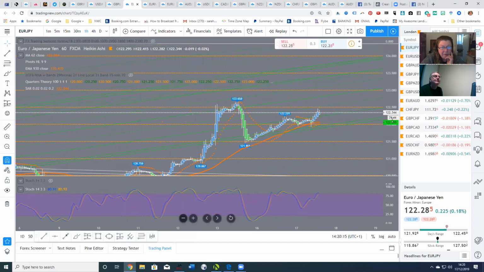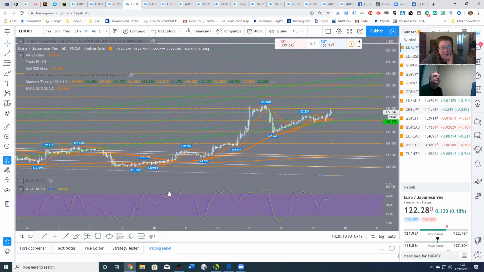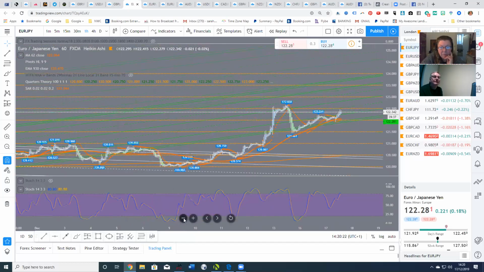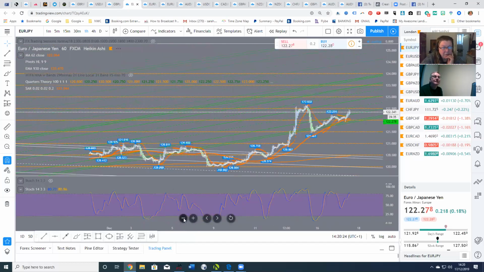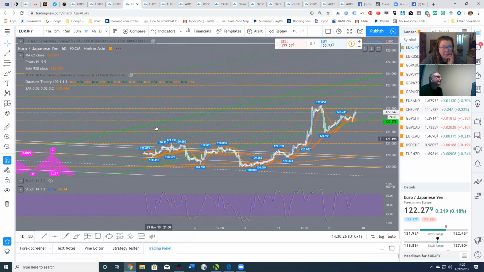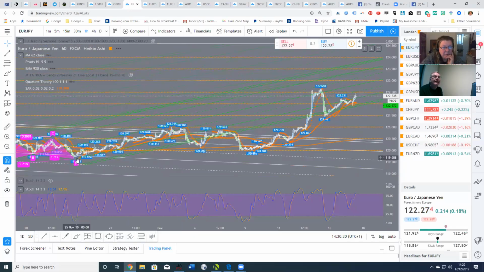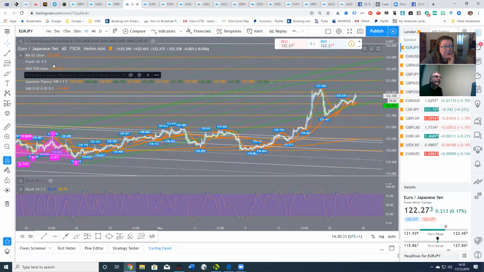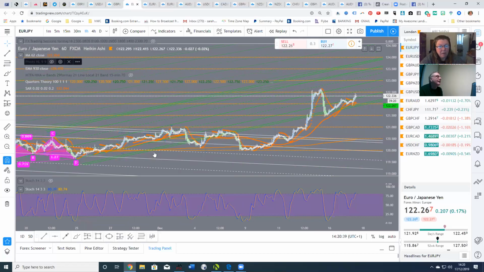So here's the, sorry about all the lines. Well, that's not really my fault, it's just overlaying the strategies. So there's the D point on the 25th of November. Take the pivots off to make it a bit clearer for you. It's a bit slow on the system.